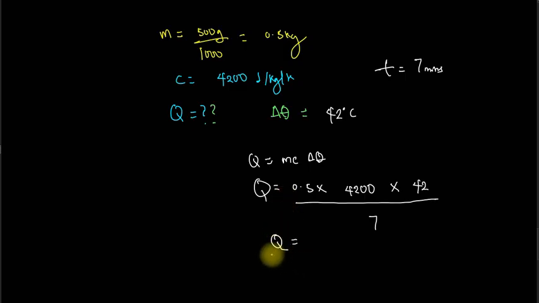So the heat energy per minute is 12,600 joules per minute. That's our answer.